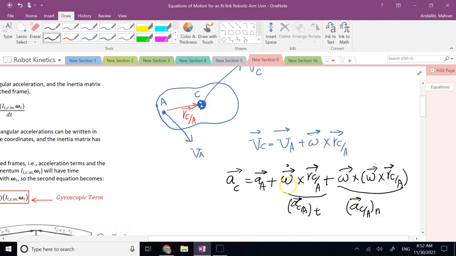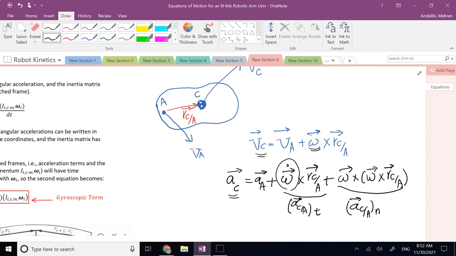Correct? So these two formulas are what we remember from rigid bodies, and we can use these to find omegas, V's, A's, and alphas really that we need, or omega dots.